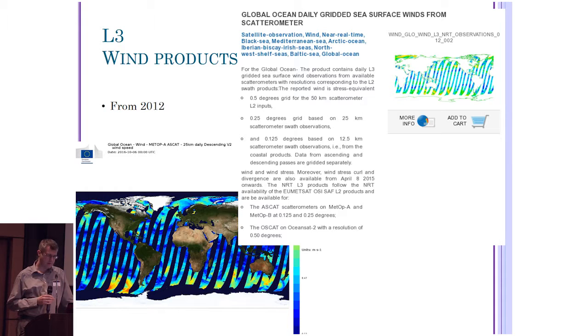In this case, it's showing each of the orbits, the ascending and descending parts of the orbits separated out, because the winds can change a lot during the day, so you don't want to combine the two together. So you can see that's where a lot of the gaps have come from in this particular data set. This is running from 2012.